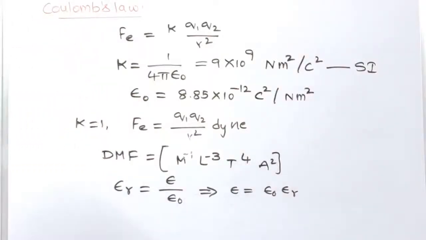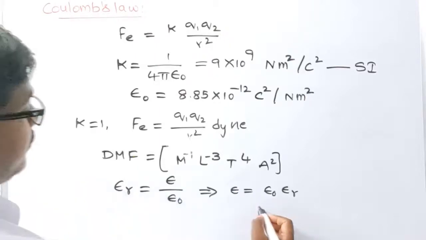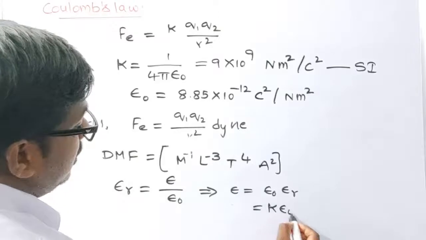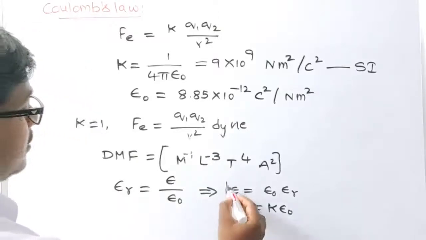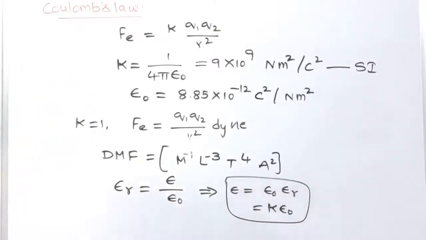And K is equal to 1 by 4 pi epsilon naught epsilon r.